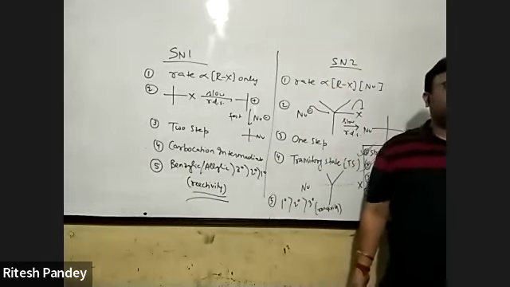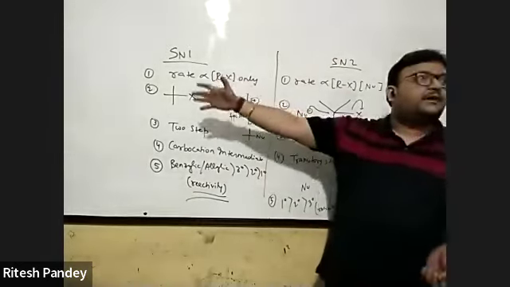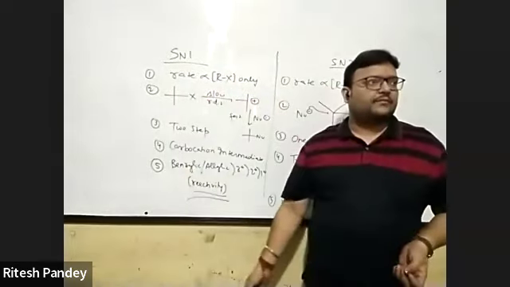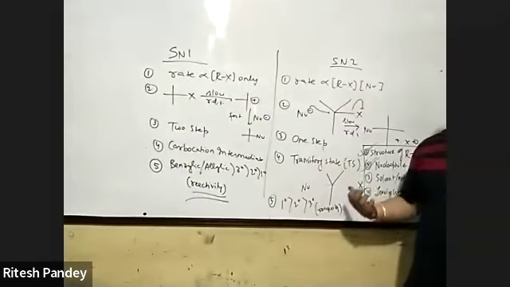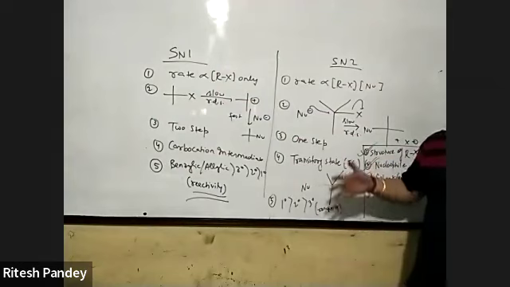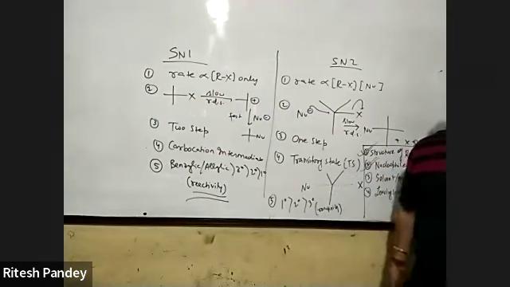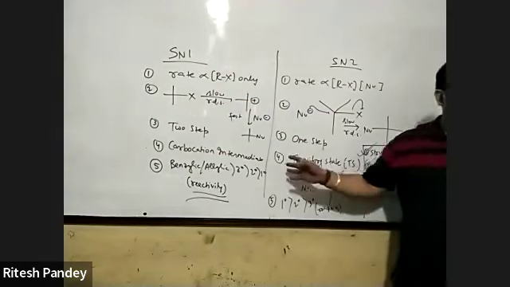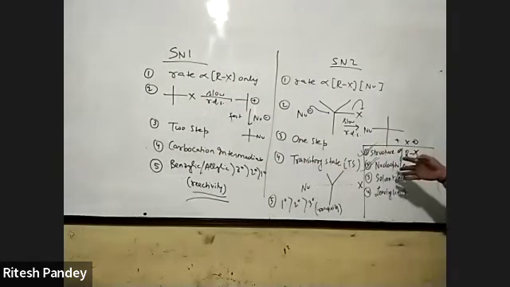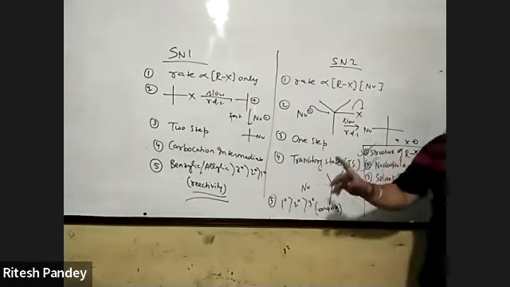You're getting me? In Sn1, the stability of carbocation, and in Sn2, the steric ease of formation of transitory state, and certainly the structure of halide would be the first deciding factor.